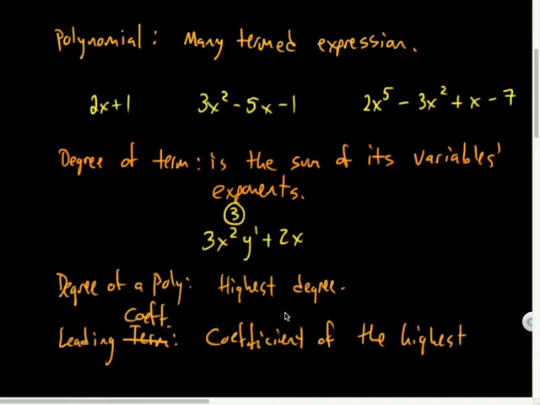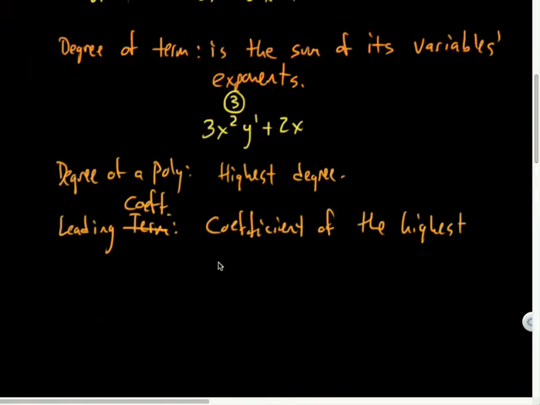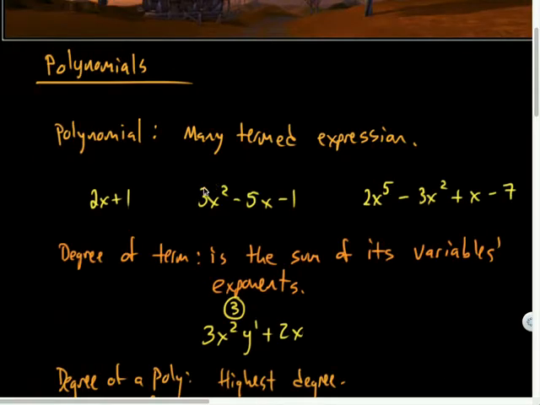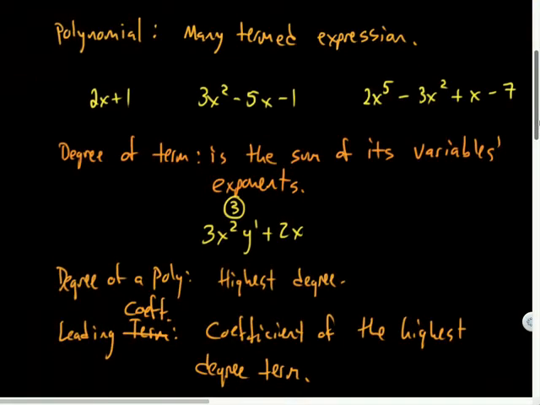The leading coefficient is the coefficient of the highest degree term. My bad. Then, let's see, what else do I got? So the leading coefficient here would be 3. Leading coefficient here is 3. This leading coefficient is 2. So there's some language for us to be aware of.